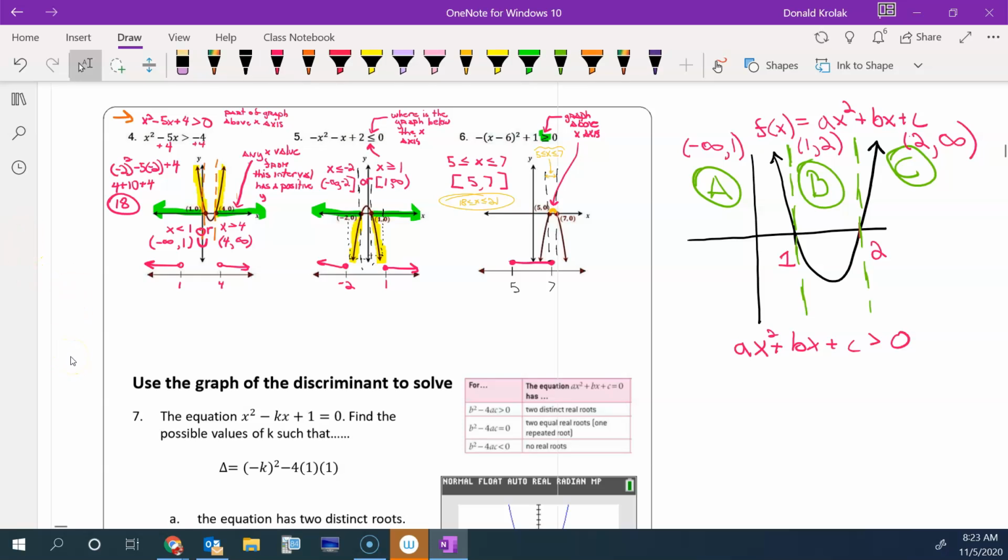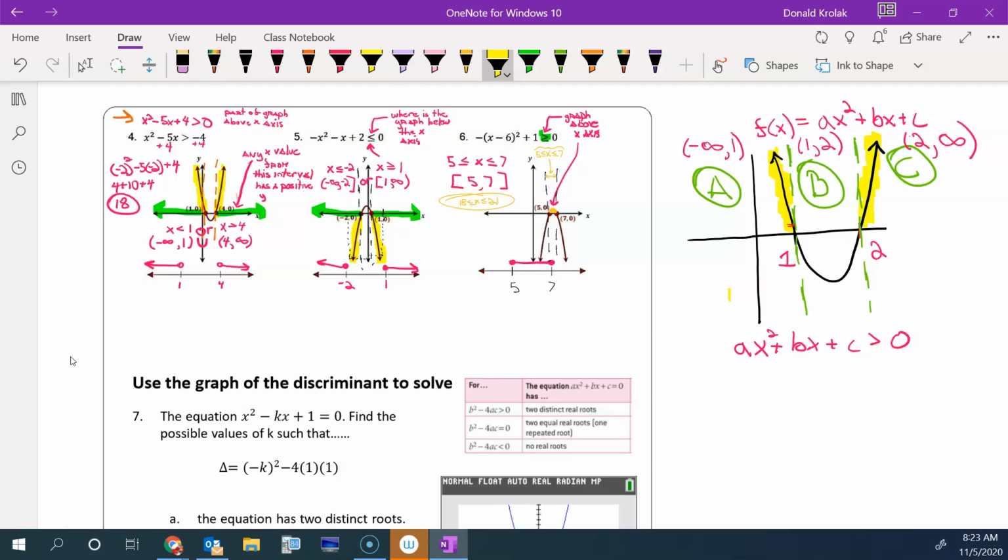So where is the graph greater than 0? Greater than 0 means the graph is above the x-axis. So the graph is above the x-axis here and here.